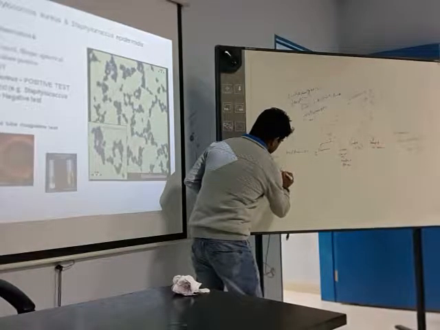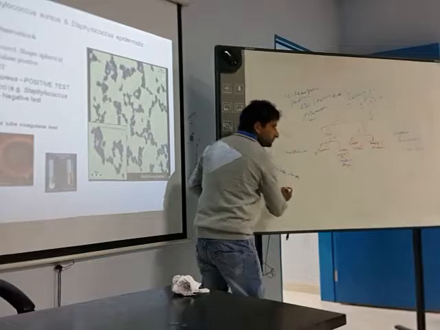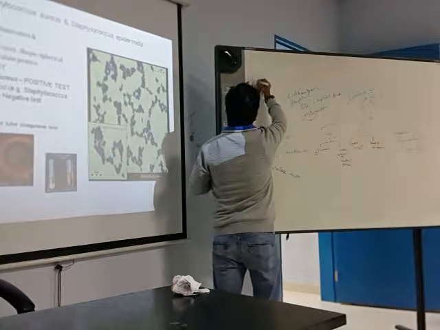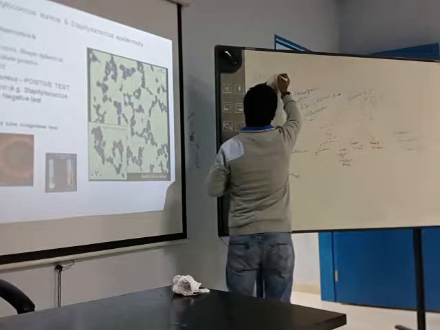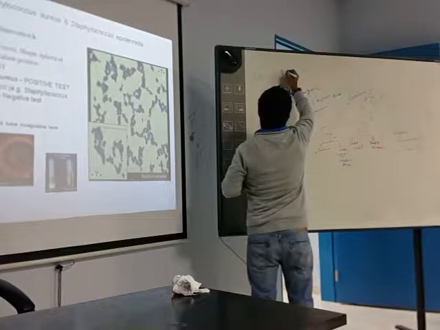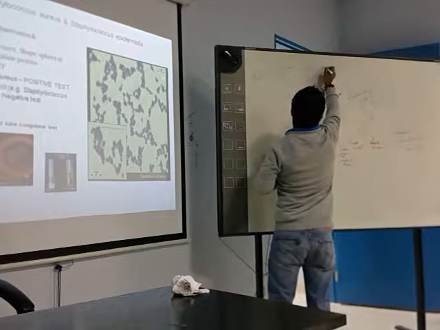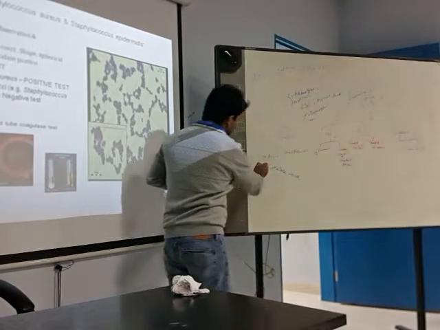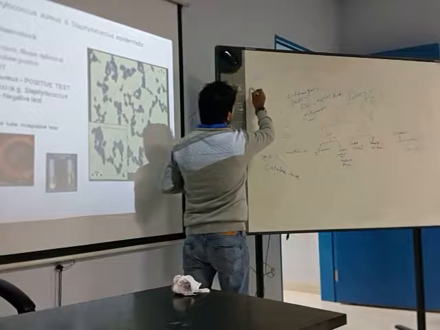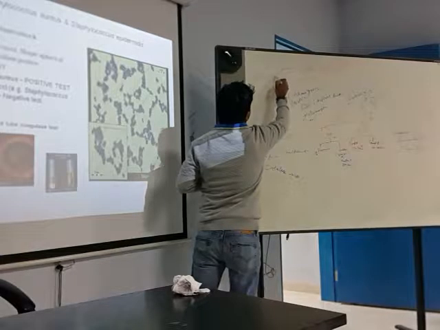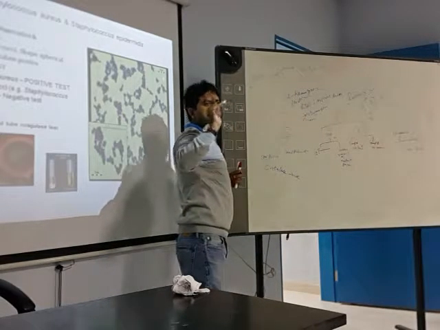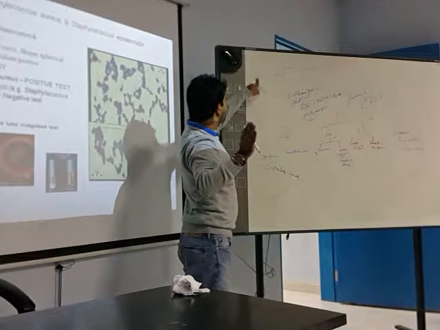What is catalase positive? It means the bacteria is capable of producing the enzyme catalase. That catalase enzyme has the capability to break down hydrogen peroxide.